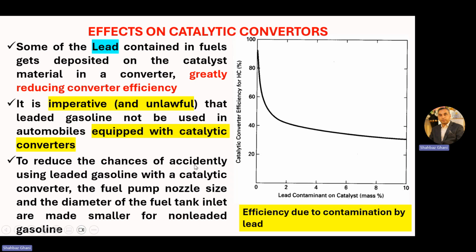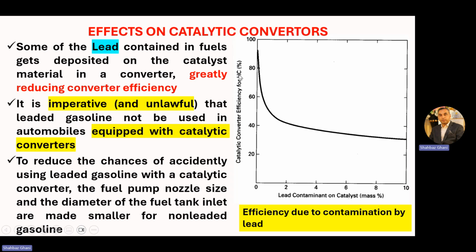To reduce the chances of accidentally using leaded gasoline with a catalytic converter, the fuel pump nozzle size and the diameter of the fuel tank inlets are made smaller for non-leaded gasoline. So, this shows the efficiency with respect to lead contamination on the catalyst, by mass percentage.